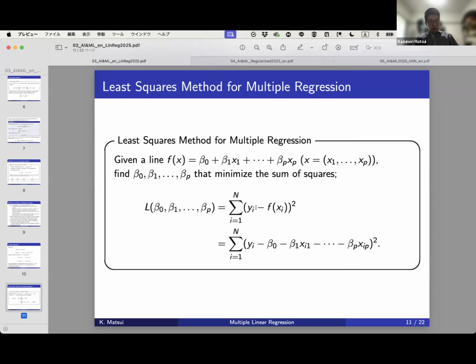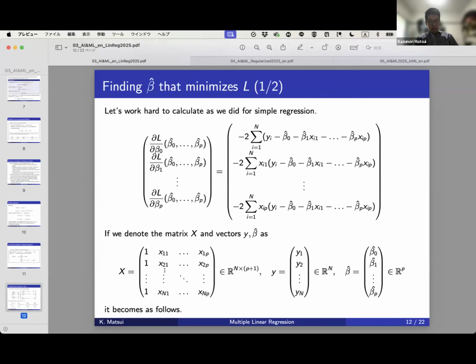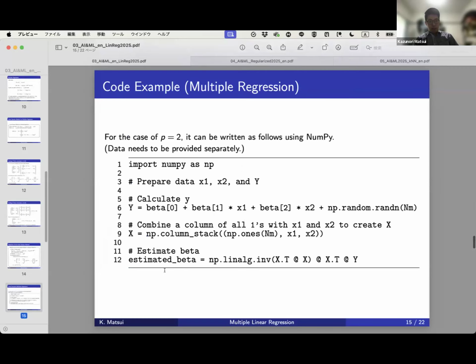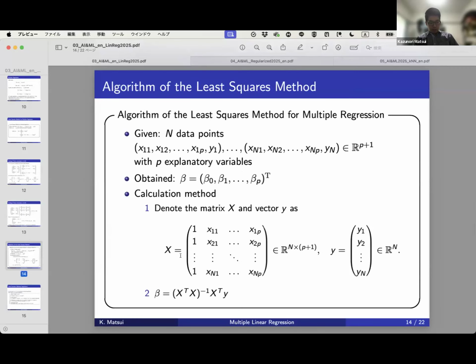Specifically, we could calculate this beta using a matrix X of explanatory variables with a column of ones in the first column, and a vector Y of objective variables.